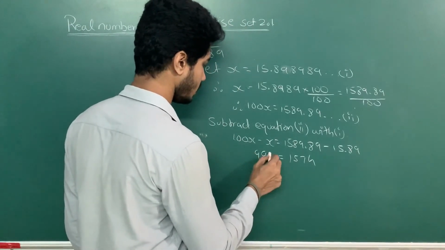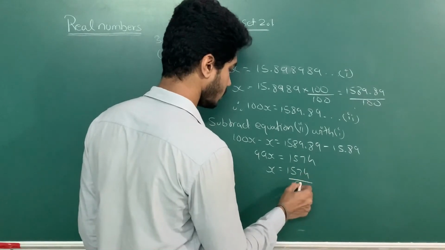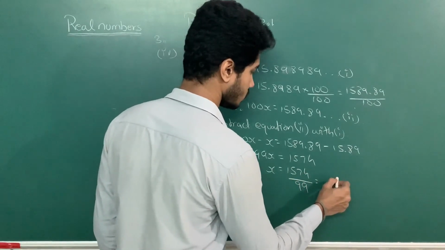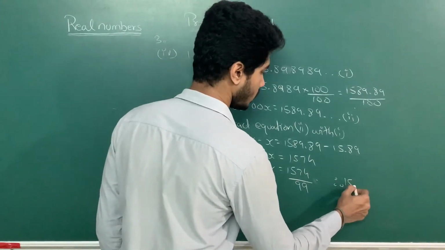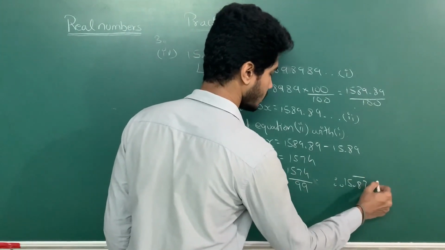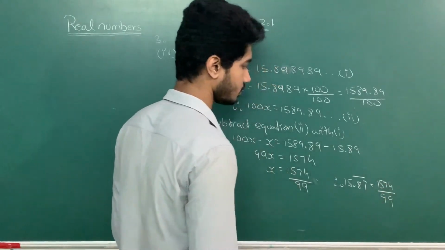You get 99x. So x is equal to 1574 upon 99. So therefore 15.89 can be written as 1574 upon 99.